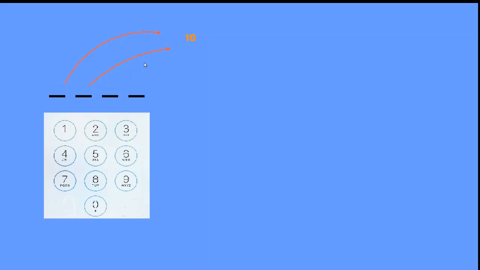The second number also has 10 possibilities, right? Because it could be any number from 0 to 9. Third digit, again 10 possibilities. Fourth digit, again 10 possibilities. So how many 4-digit pin codes can you make with these 10 numbers?